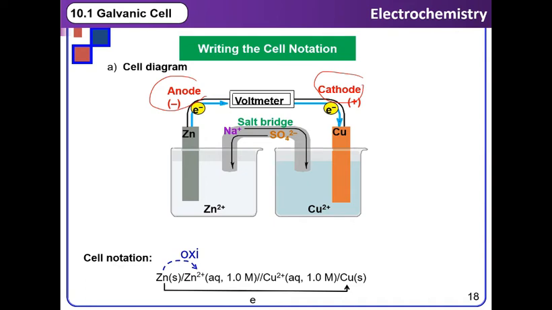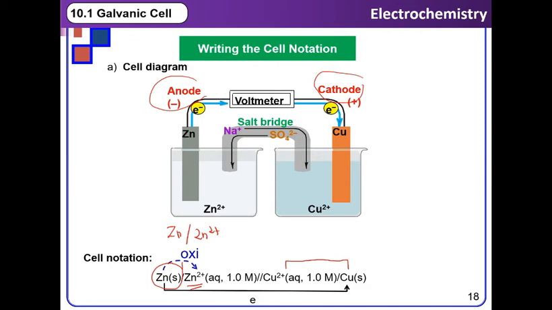Jadi, at the anode, zinc solid undergoes oxidation and produces zinc 2 plus. That's why dia tulis kat situ zinc, zinc 2 plus, because zinc undergoes oxidation. While at the cathode, copper 2 plus aqueous undergoes reduction and produces copper solid. Kita nampak sini copper 2 plus undergoes reduction and produces copper solid.